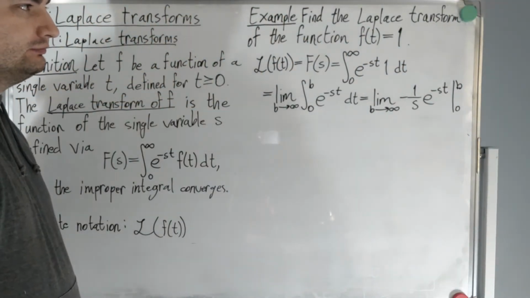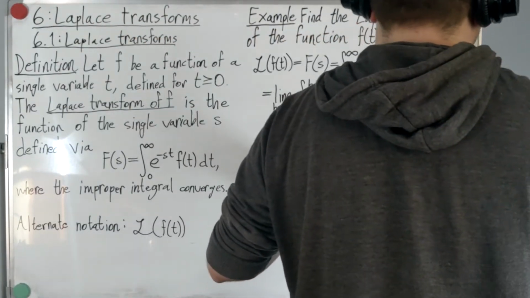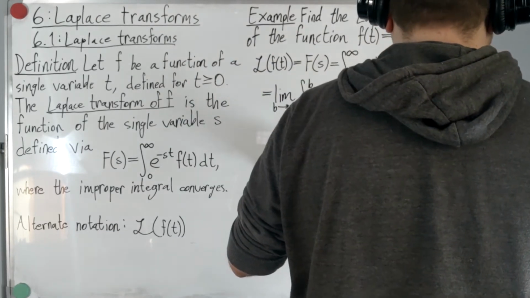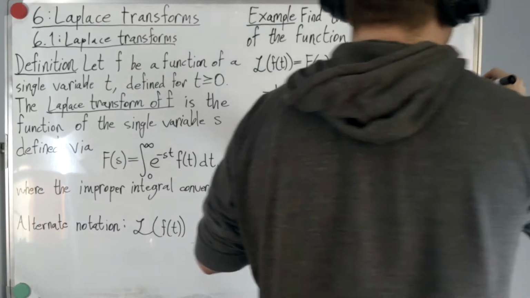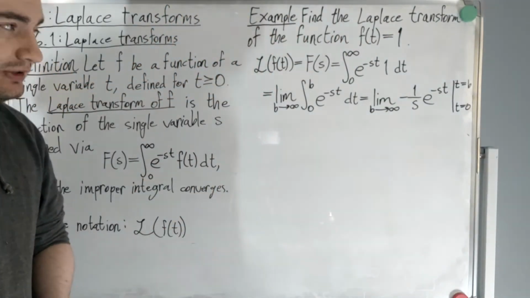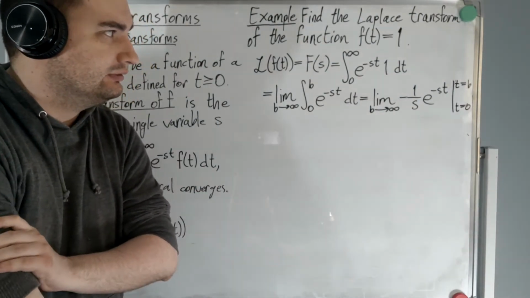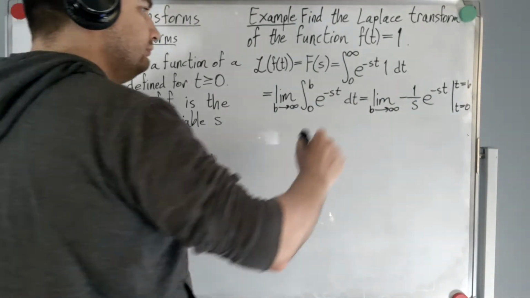Okay? Oh, let me be clear here. This is evaluated from t equals 0 to t equals b, because, again, s is a constant with respect to the variable that we're integrating out. Okay?